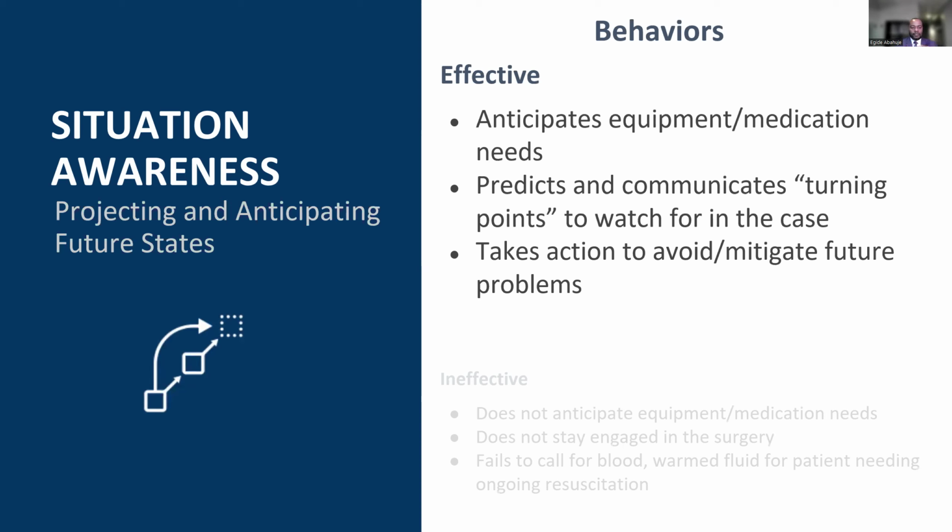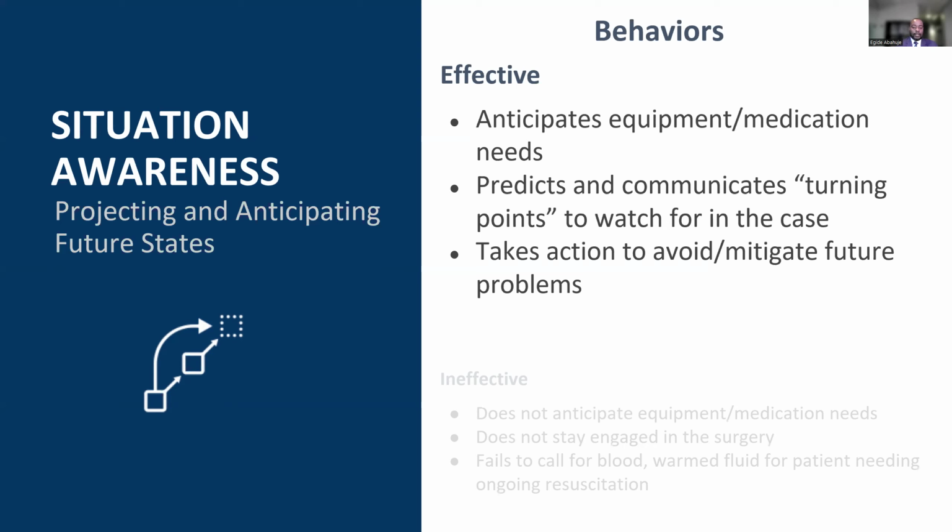Examples of effective projecting and anticipating future states behaviors include anticipating that equipment and medication will be needed, and predicting and communicating the turning points, which means that, for example, if the patient has risk of bleeding, we may say if the patient gets hypotensive, we need to start transfusion.